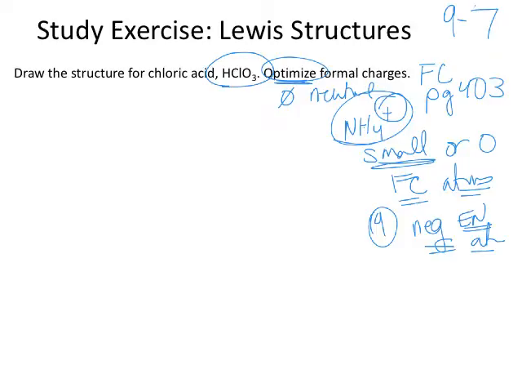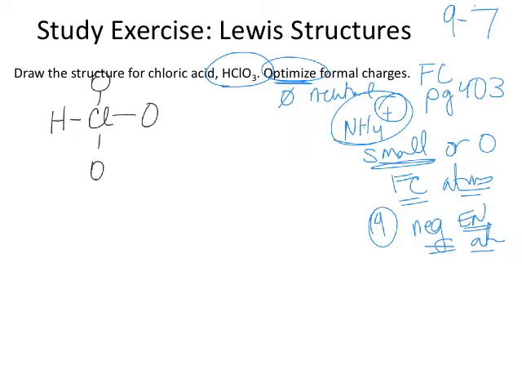Okay, so let's go ahead and write our Lewis structure, and then we'll talk about formal charges for chloric acid. The first thing, you want to draw your skeletal structure. Remember, this is page 395. When you draw your skeletal structure here, hydrogen is going to be a terminal, and then you've got 1 chlorine and 3 oxygens. Typically they're written like this.